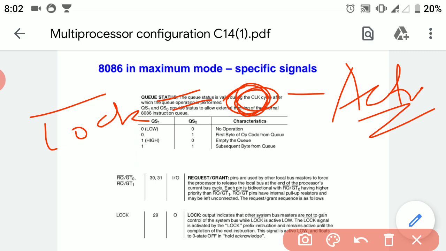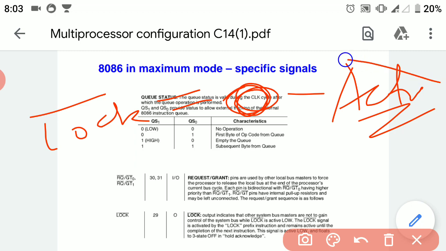That is, if this pin is activated, our main processor will not allow the coprocessor to access the system bus, or will not allow the coprocessor to access our memory, or the main processor's clock.